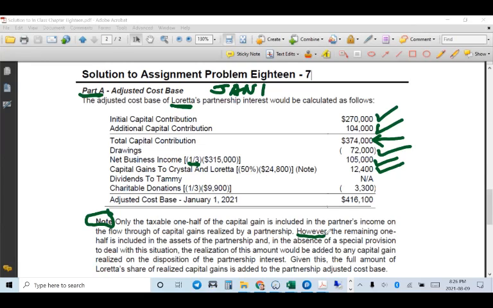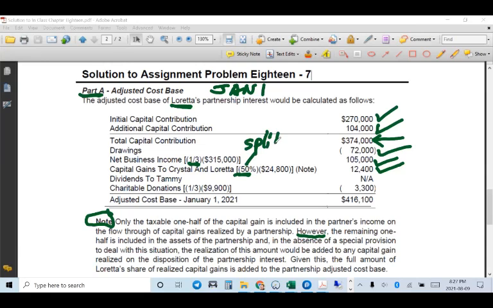It says, however, the remaining 1/2 is included in the assets of the partnership, and in the absence of a special provision, the realization of this amount will be added to any capital gain realized on the disposition of the partnership interest. Given this, the full amount of Loretta's share of realized capital gains is added to the partnership adjusted cost base. So what they're saying, so this 50% is for the split.